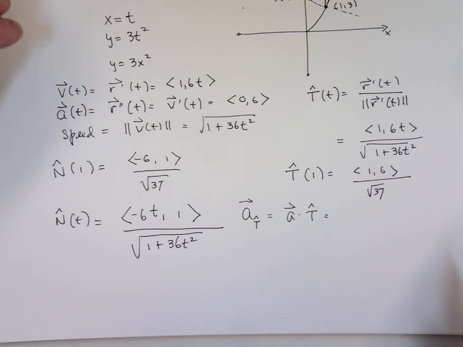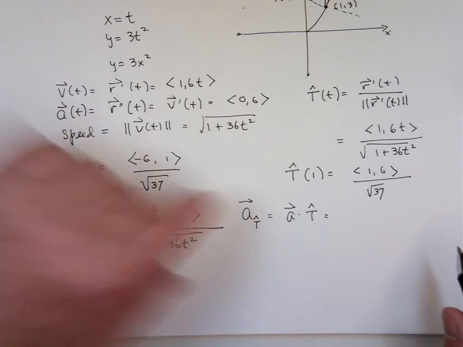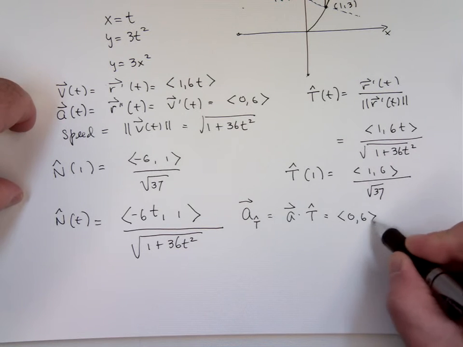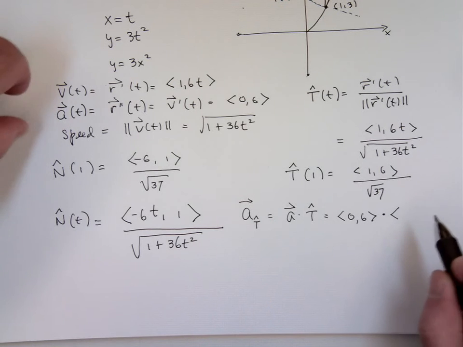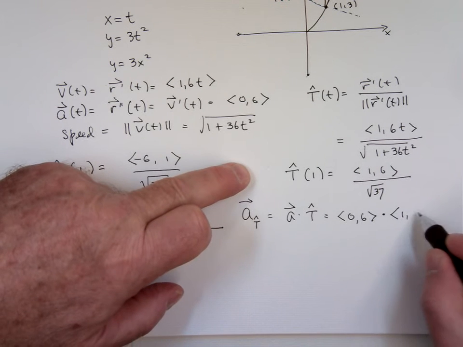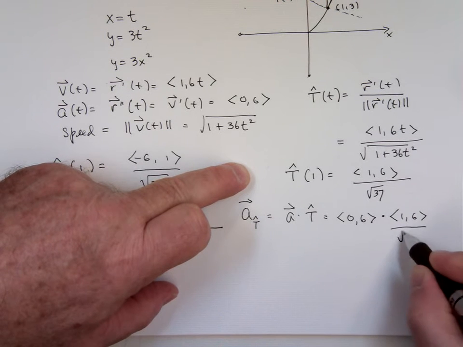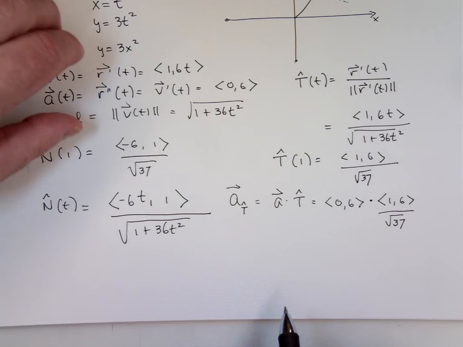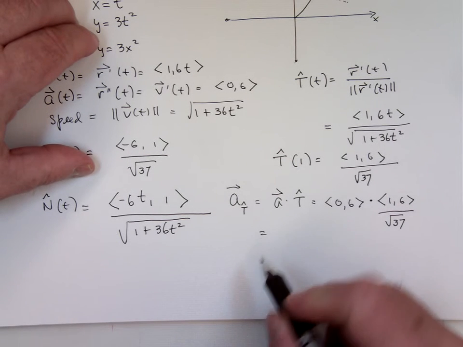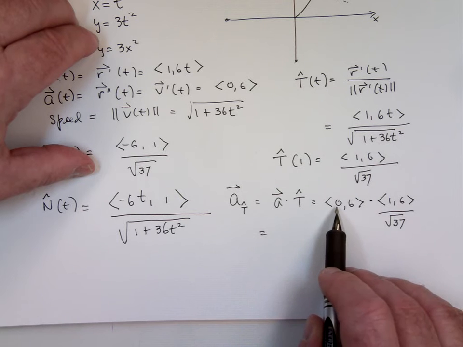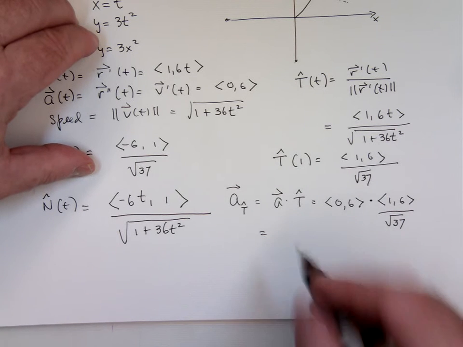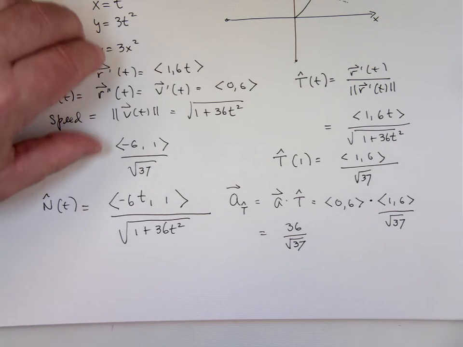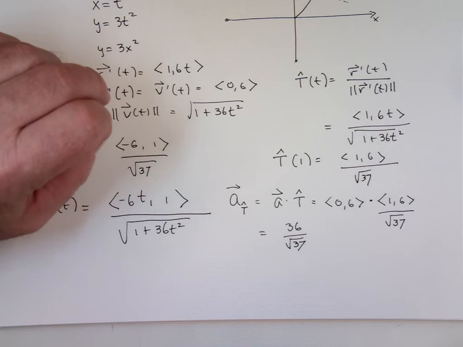A is equal to something or other here, 0, 6, dot T. T at this point is, okay, I'm doing this at that point t equals 1. So when you do the dot product, you get 0, you get 36, you get 36 over the square root of 37. That's the amount of acceleration along the tangent line.